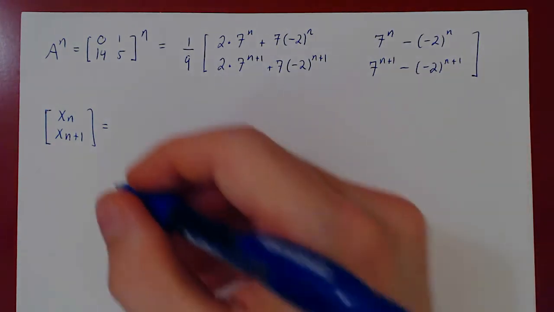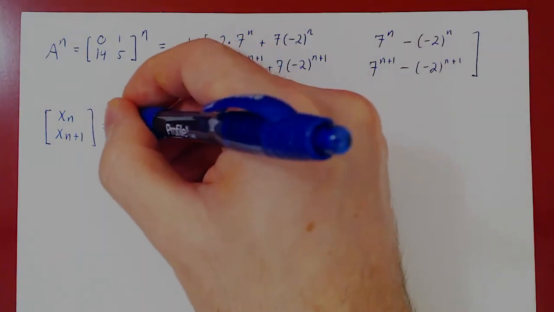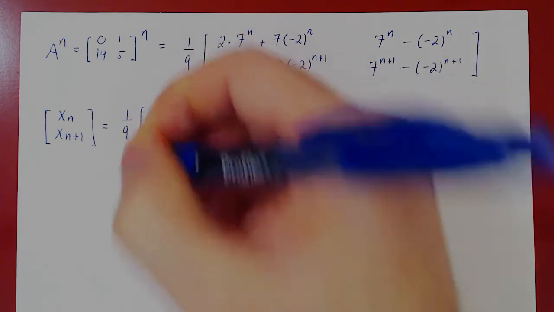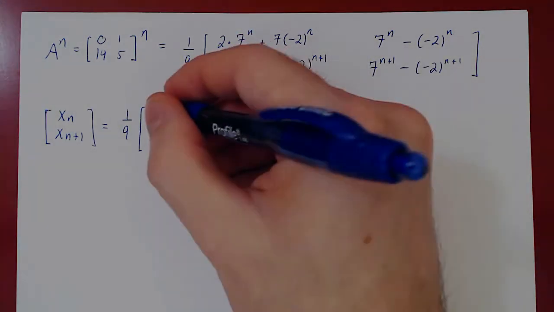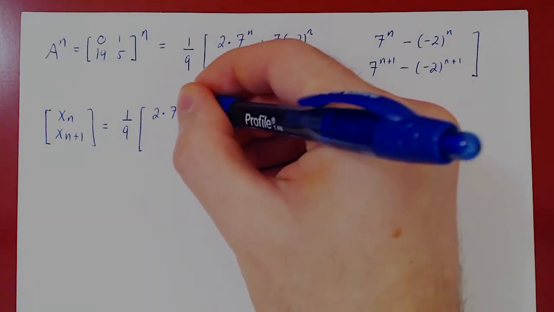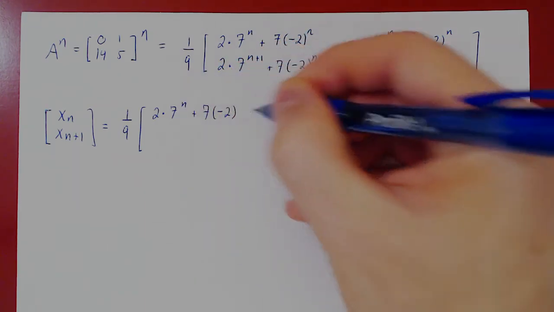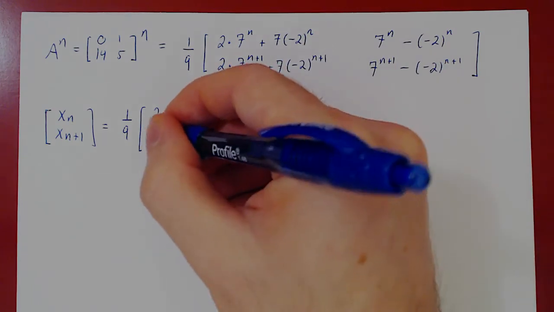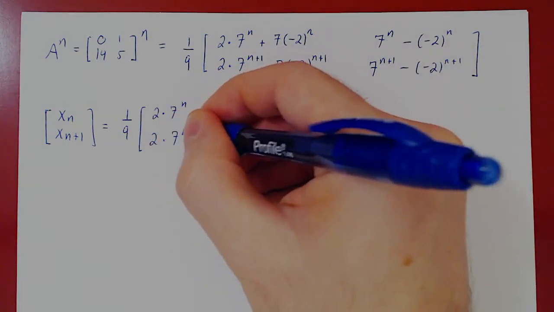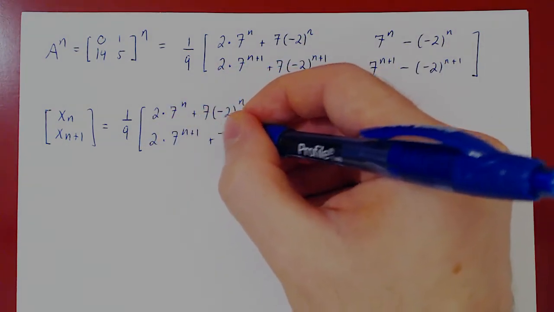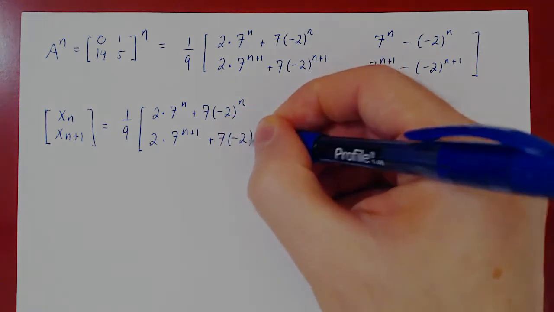Well, there it is. So let's rewrite it. A to the n is 1 over 9 times 2 times 7 to the n plus 7 times negative 2 to the n, 2 times 7 to the n plus 1 plus 7 times negative 2 to the n plus 1.